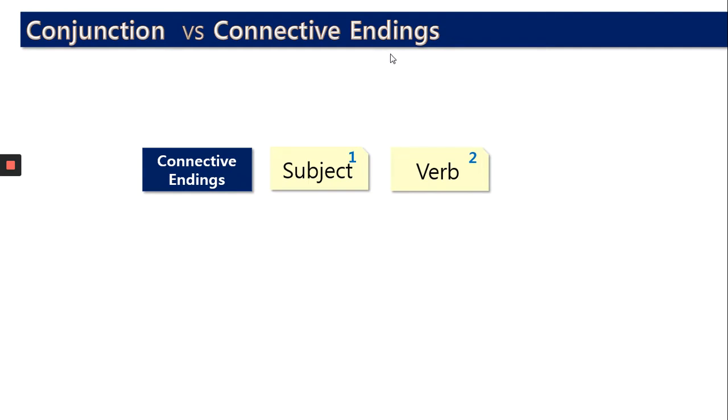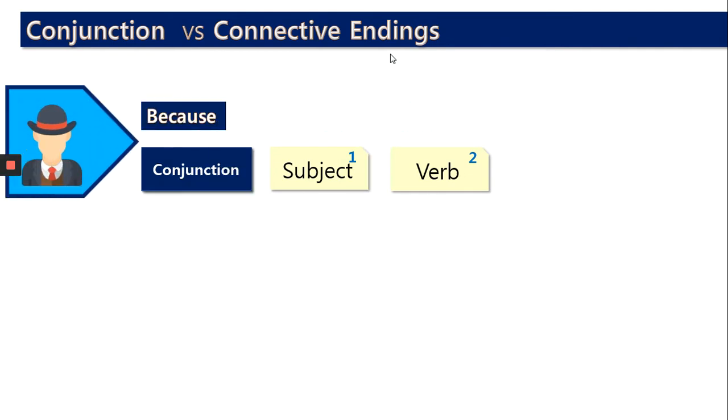You must understand now. In English, because is a conjunction. So behind because, what do we need? Subject and verb. So, for example, because I ate junk food, I'm fat. I'm obese now.